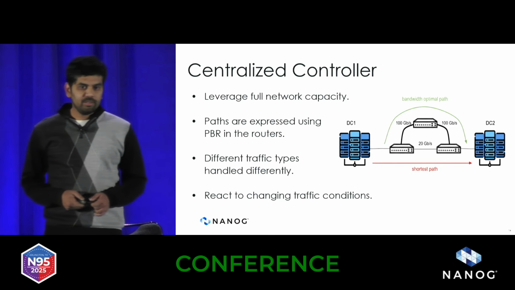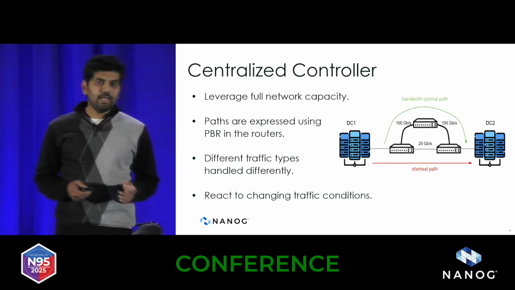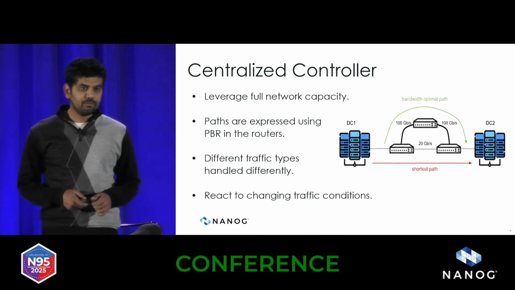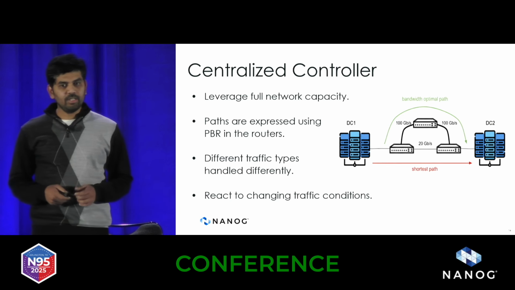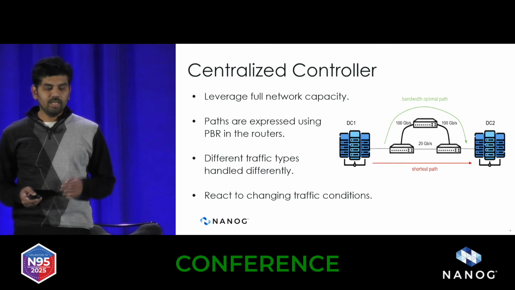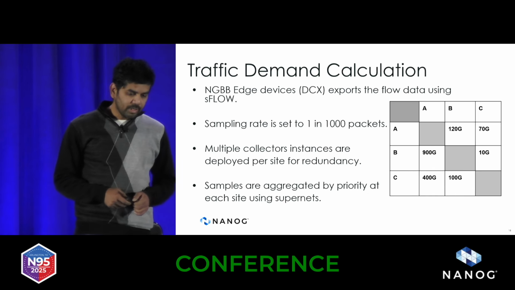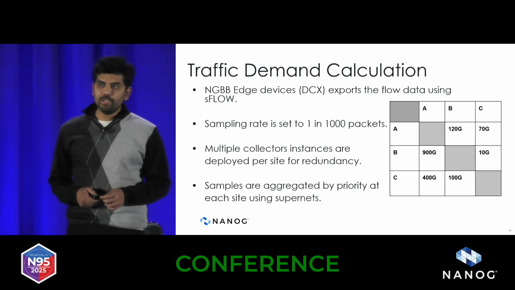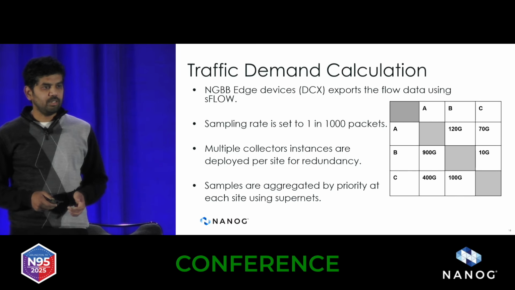As Prashant mentioned, we handle different types of workload marked with different priorities. Our controller is fast enough to react and catch up with changes in traffic. To run traffic steering, we need two primary inputs. The first one is traffic demand calculation. The second one is the operational topology.